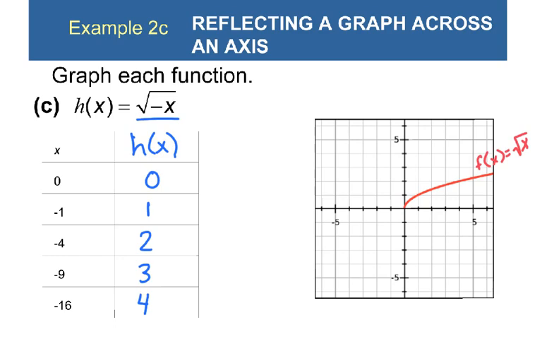So plotting those points, we have (0, 0), and then (-1, 1). It's going to go here. (-4, 2). Okay, and we keep on going with those x and y values.